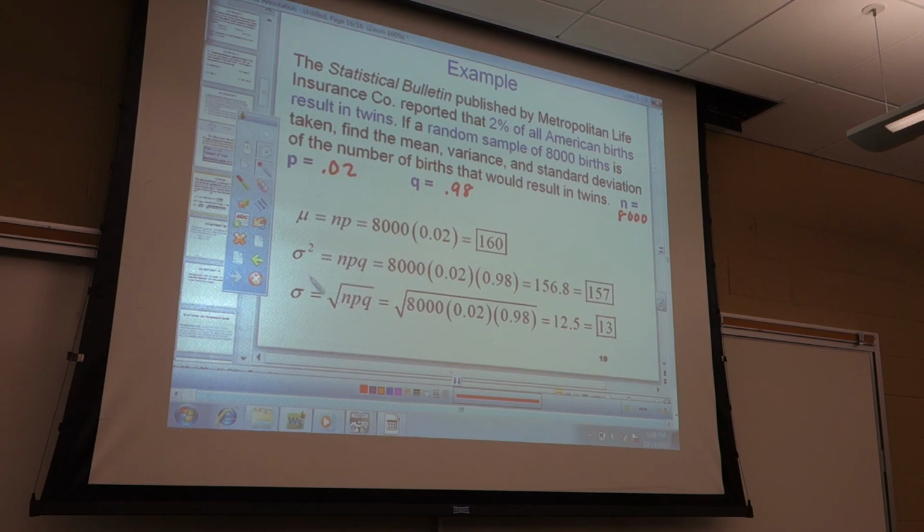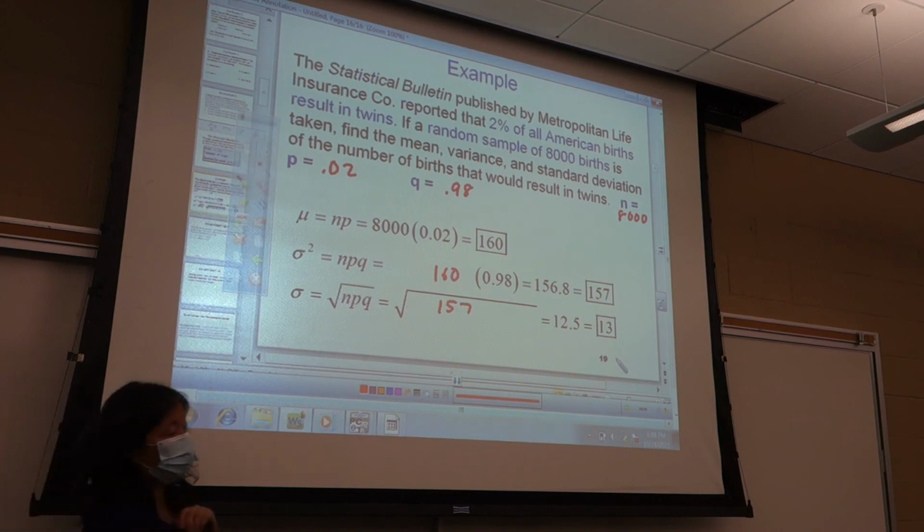For the variance, what I usually do is I kind of cheat. I say, well, I already know that np is 160, so I'm just going to put 160 times 0.98, and I get 156.8. And then the standard deviation, that's actually just a little bit easier too. I just take whatever I had before and I just square root it. All right, square root of 157, and we'll get 12.5. So that's typically what I do. It's a little bit easier.